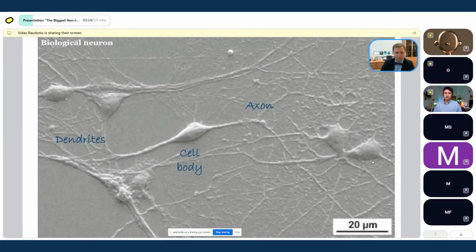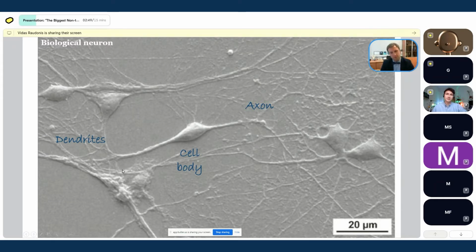biological neuron. As you see here, there is a piece of brain tissue, and there are several very sexy cells that make us unique. What is happening here is that we have dendrites, we have a cell body, and we have axons.